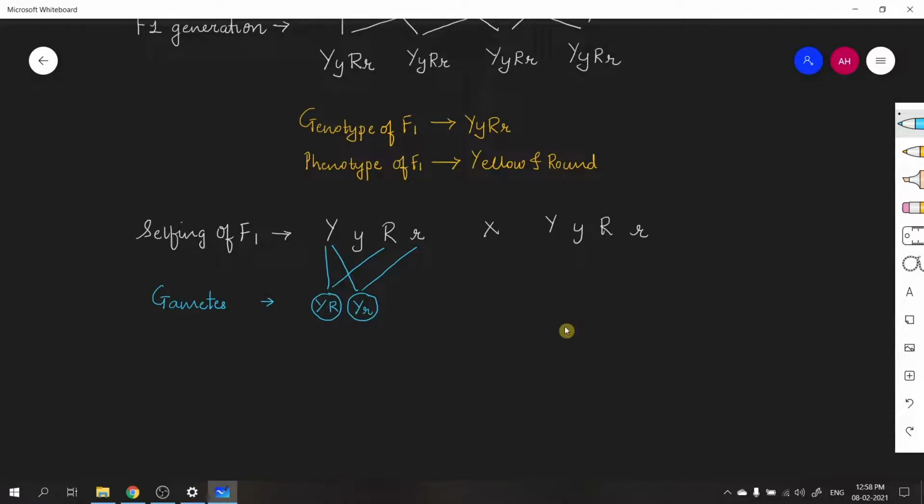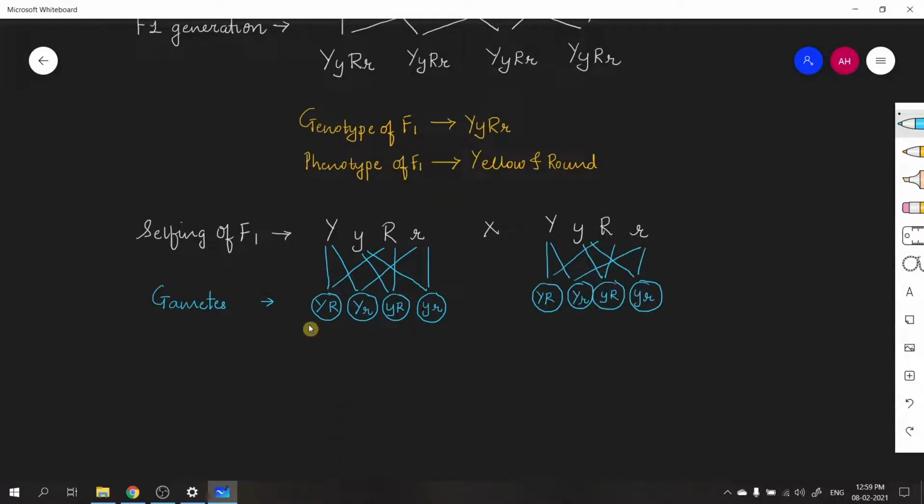And now next we will consider the second Y, the smaller Y, with the first R, and the same smaller Y with the second R. Alright. So this is how we find out the four possible gametes from this particular F1 hybrid. Now we write down the same thing for the second one.